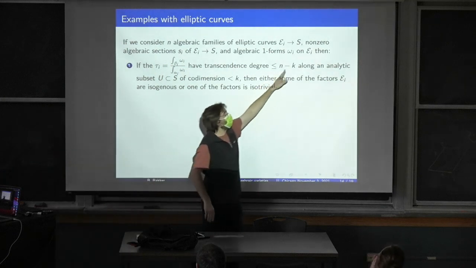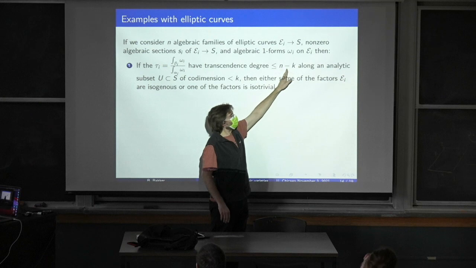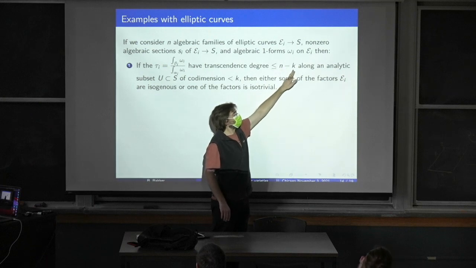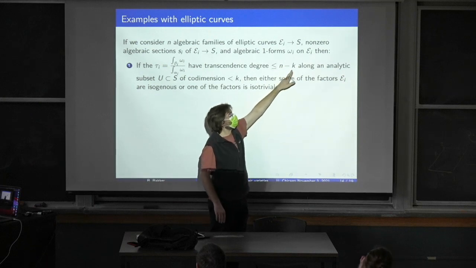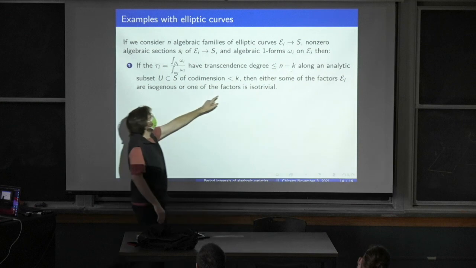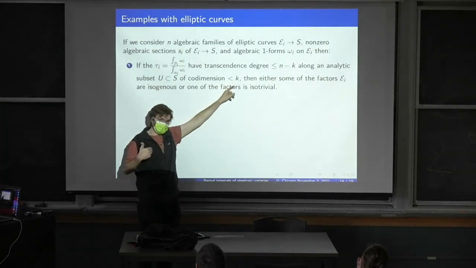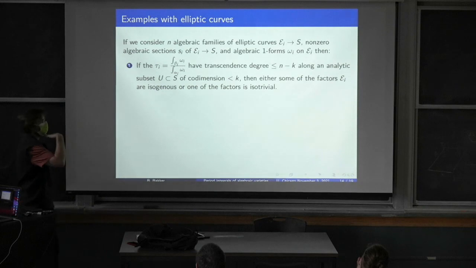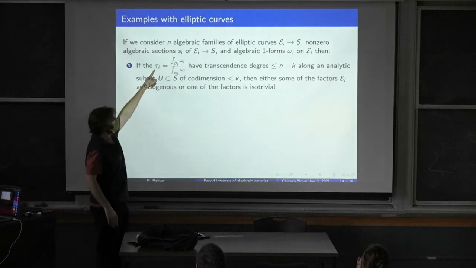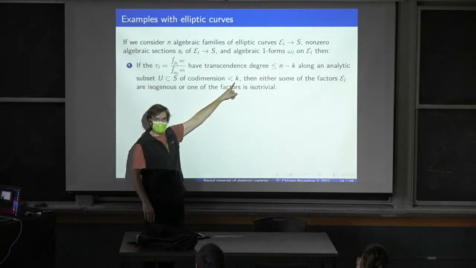If they're not algebraically independent by a factor of k, in other words, if there are k algebraic relations among them along a locus U that has codimension smaller than k, so you would expect there to be k algebraic relations between these things on a locus of codimension k.